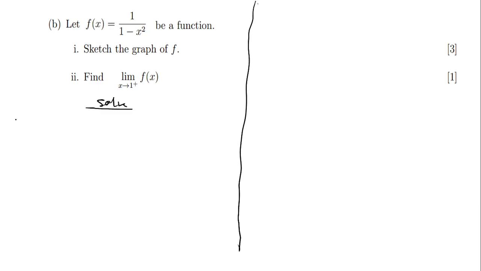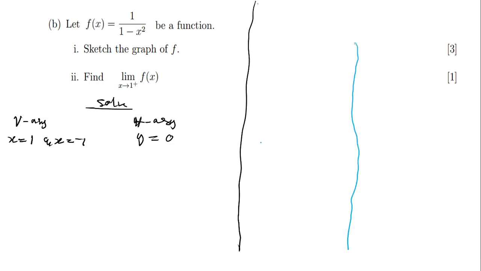The vertical asymptotes are x is equal to 1 and x is equal to negative 1, and the horizontal asymptote is y is equal to 0. With this information, you can easily work out your graph.